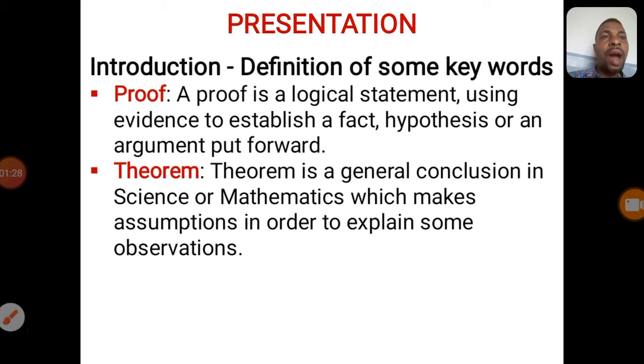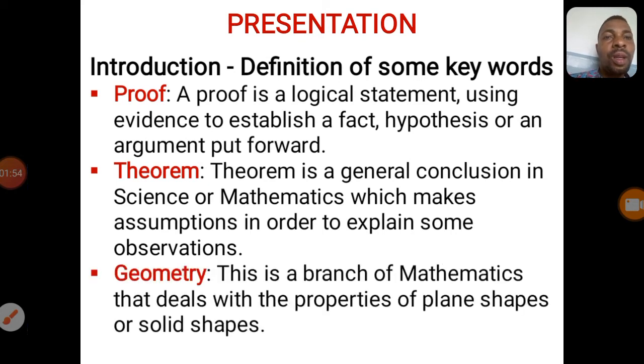Theorem is a general conclusion in science or mathematics which makes assumptions in order to explain some basic observations. General conclusion in the sense that it has been proven to be true, fact, therefore it is generally acceptable. Geometry is a branch of mathematics that deals with the properties of shapes.